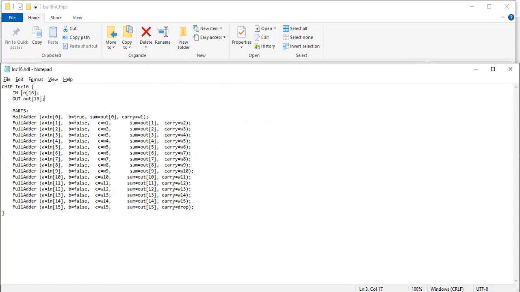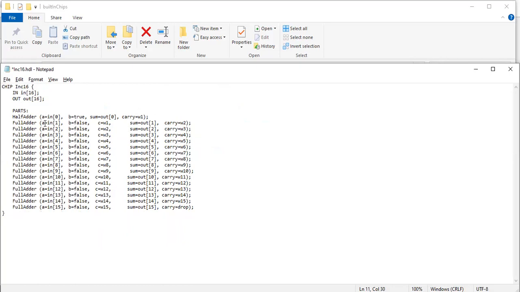Ang difference lang is it will only receive one input in, and of course ang output is isa ra pod ka terminal, but 16 bits gyapon, so output. Instead na ang input is A is equal to A0, mo man ang original sa inyong 16-bit adder. Yan ang akong gibuhat, no?